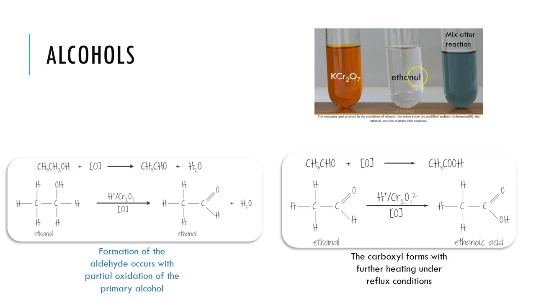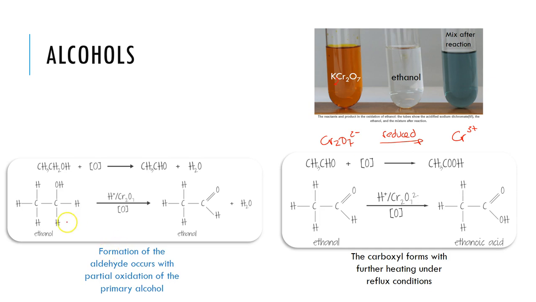If we mix it with an alcohol such as ethanol, which is a primary alcohol, when this reaction occurs, the reagent will turn green, and this is because in here we have Cr2O7 2-, which is orange, and the chromium here changes to Cr3+, which is green, in the reduction reaction. So the chromium gets reduced while the alcohol is being oxidized.